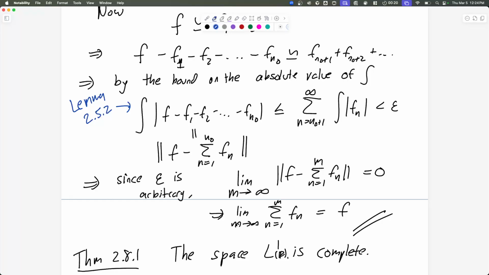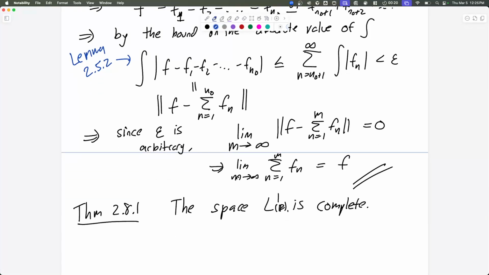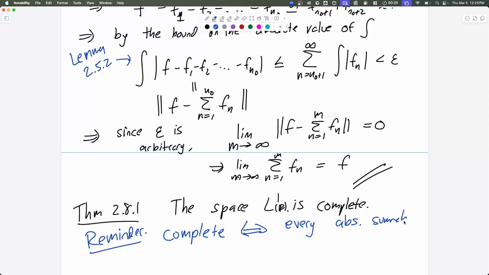Okay, so we're going to prove it's complete. Again, this is not going to be a big proof. It's nothing complicated. Complete basically means every absolutely summable sequence is summable. So, reminder, complete means every Cauchy sequence converges, but we proved that that's the same as every absolutely summable sequence converges.